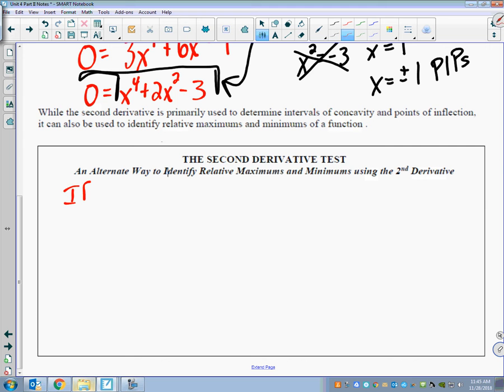So if x equals a is a critical number of f of x, remember a critical number is when the first derivative equals 0 or is undefined. That's a possible max or min. Right?